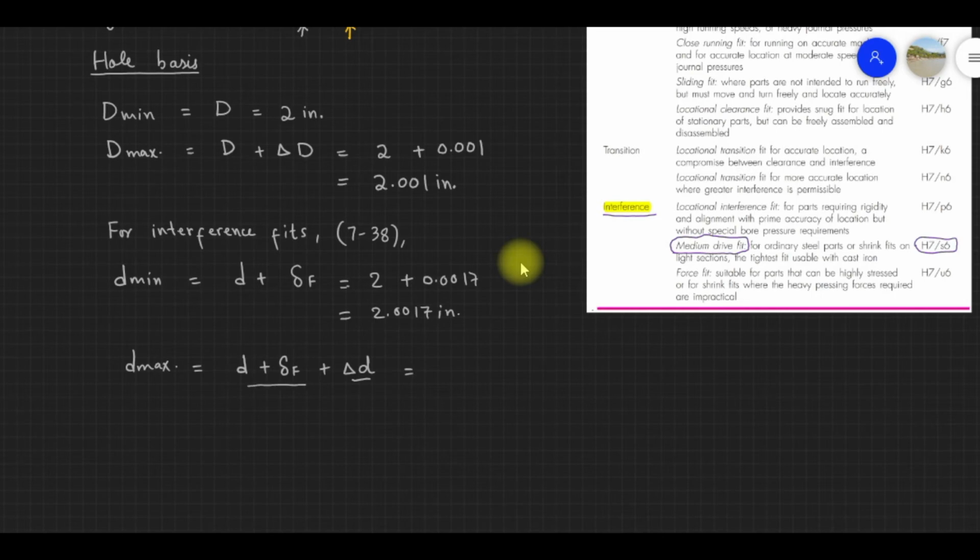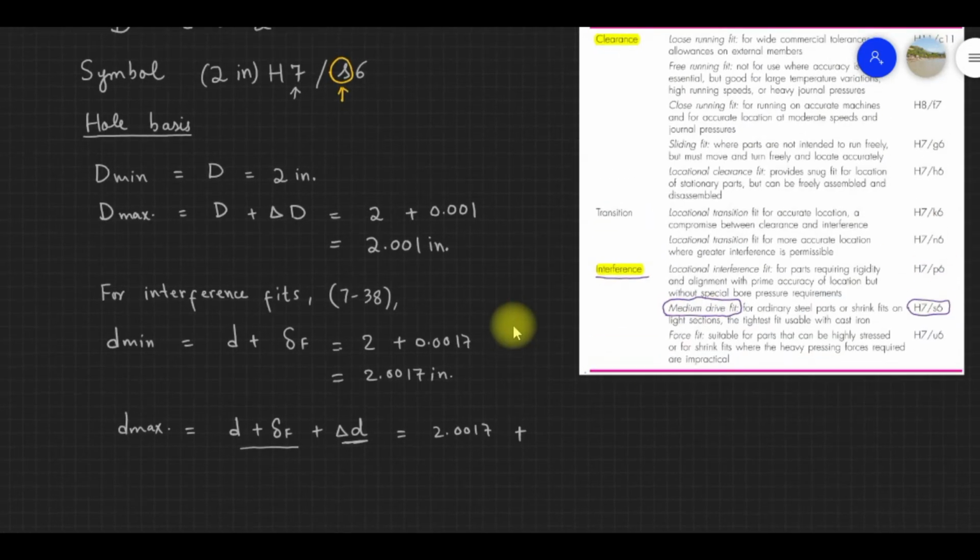So since this value we just calculated here is 2.0017, we simply have to add the tolerance value. Now remember, for the tolerance of the shaft, the IT grade is IT 6.